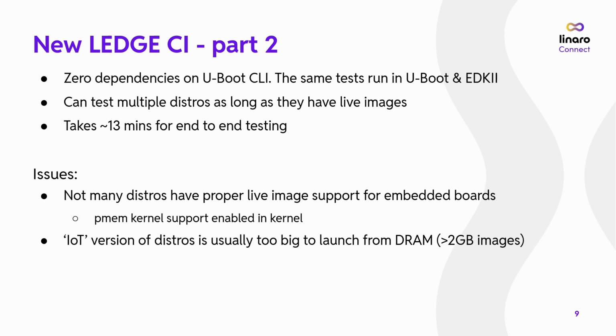So with this, we have a very simplified U-Boot CLI, and the same tests that we were running in U-Boot before, we're now running using EDK2. This is a big difference.